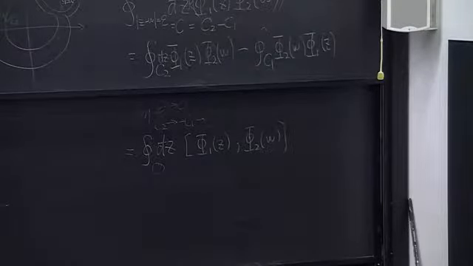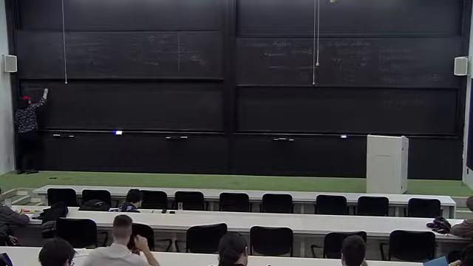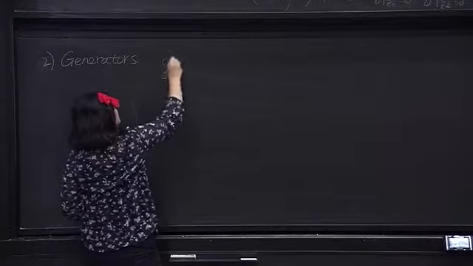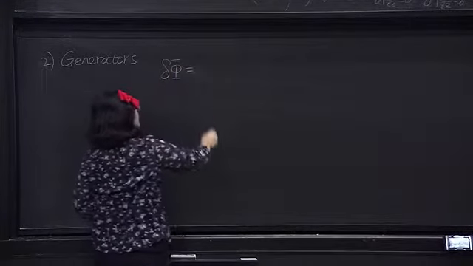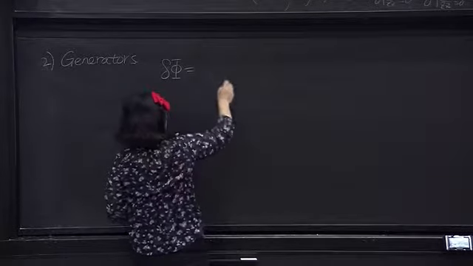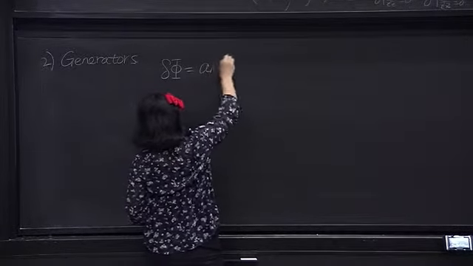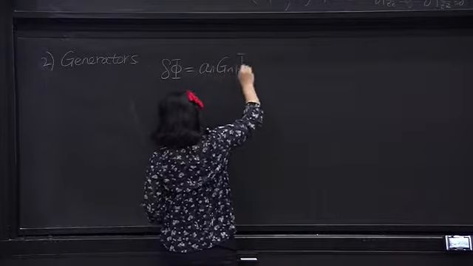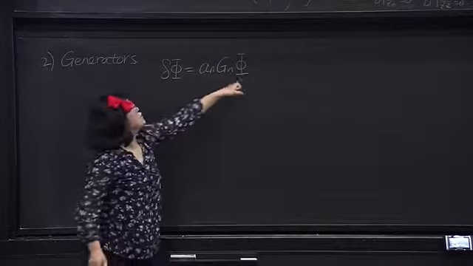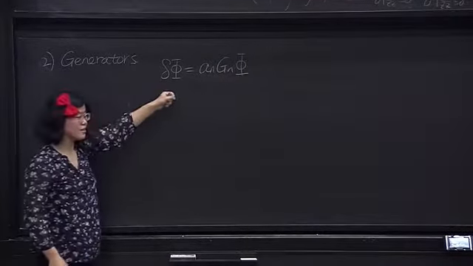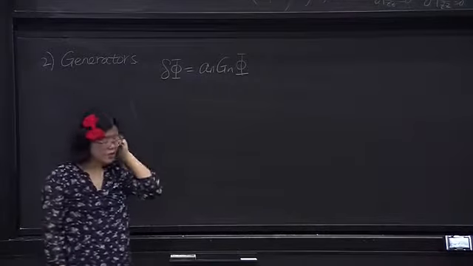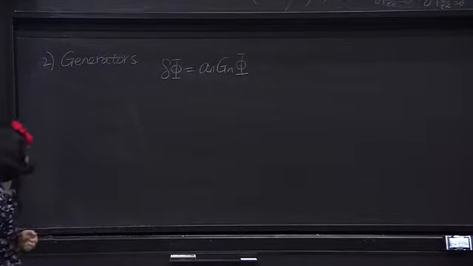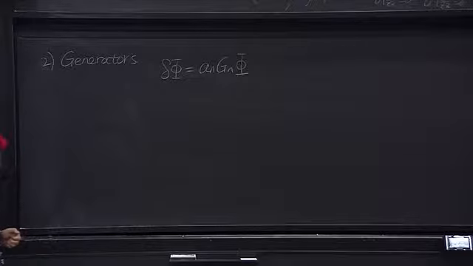Okay, so generators. Remember, what I want to say is that delta phi is equal to something which generates the change in phi. So, following this idea, we want to find delta phi.